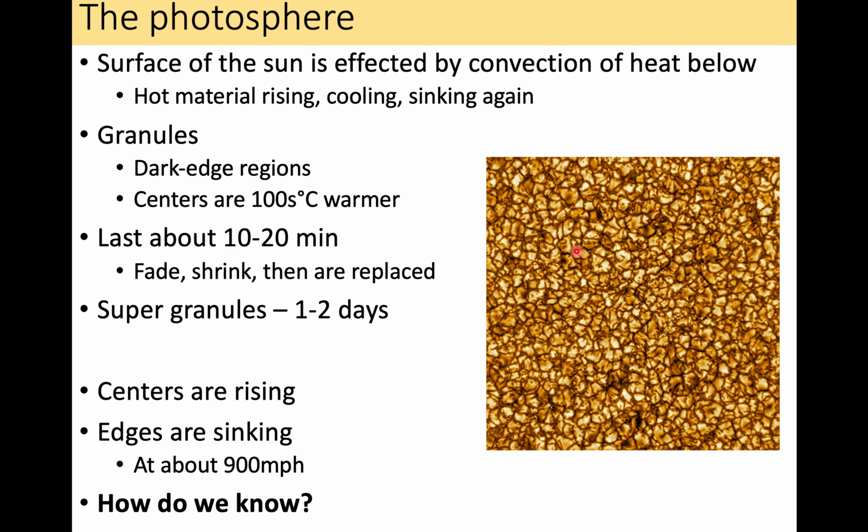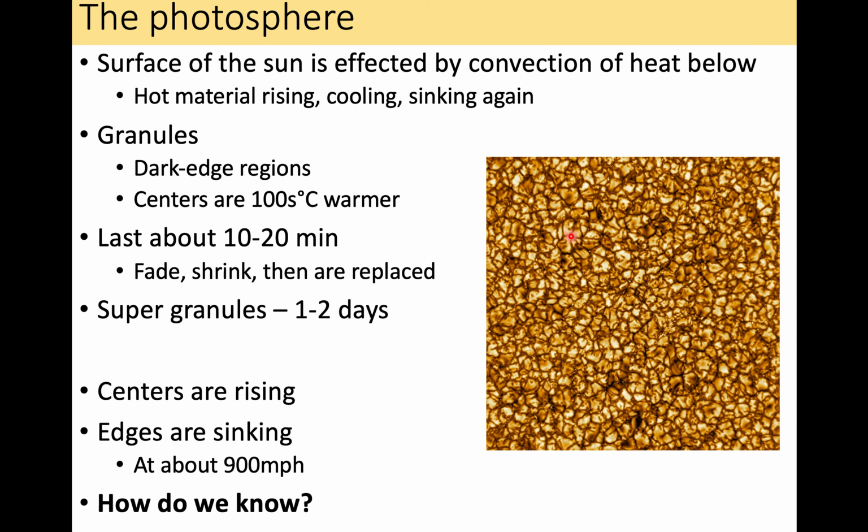So we know that the center of the granules are rising and the edges are sinking very quickly, about 900 miles per hour. And we know that because the centers are warmer, the edges are cooler. So we know that that center material is rising up from the base, the warm base of the photosphere.